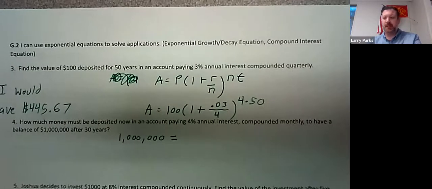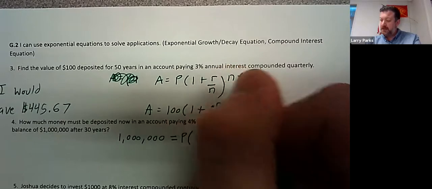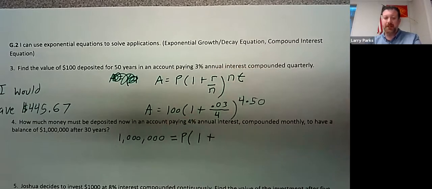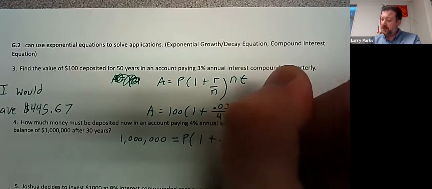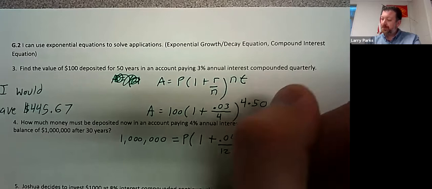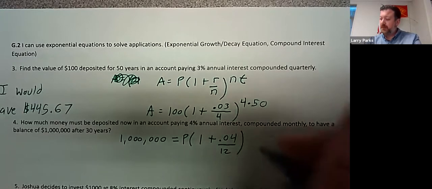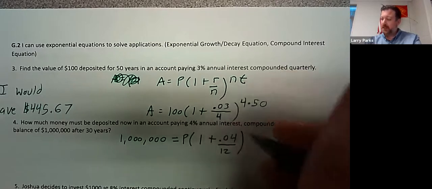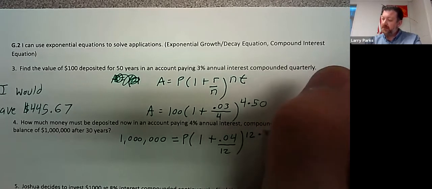How much money? That'd be my P. My interest rate's 4%, so r is 0.04. Compounded monthly. And then still 12, so same number goes there. 30 years.